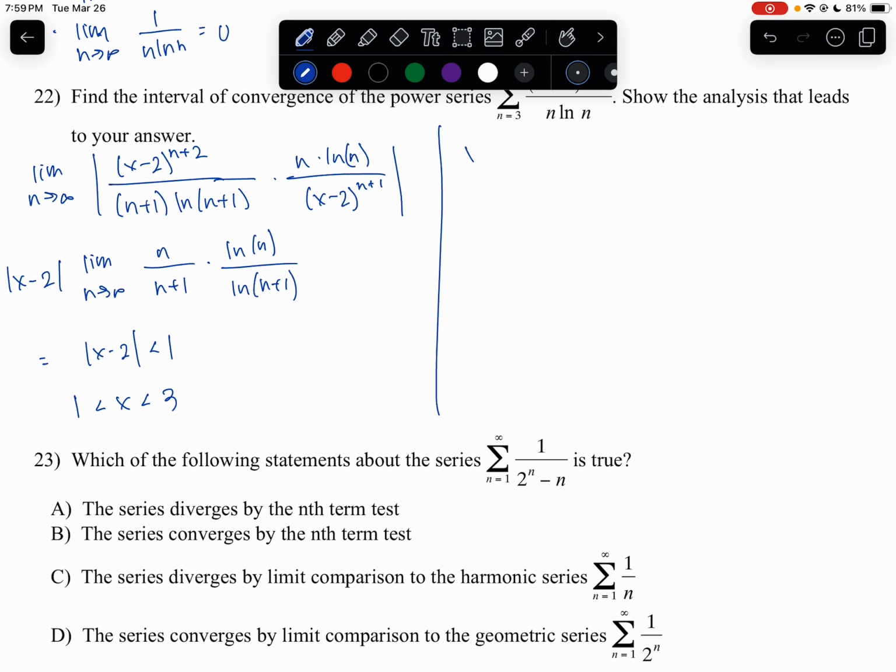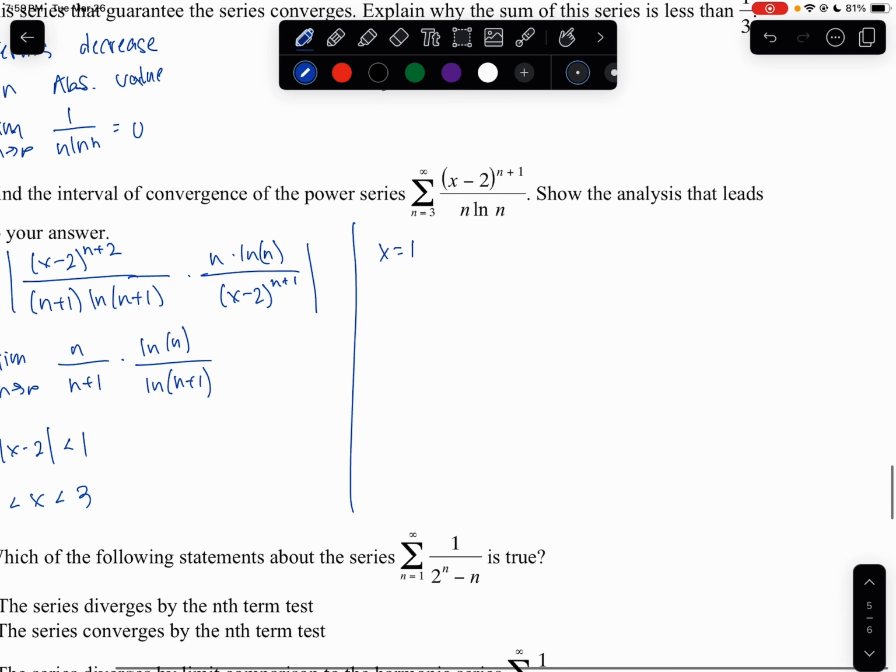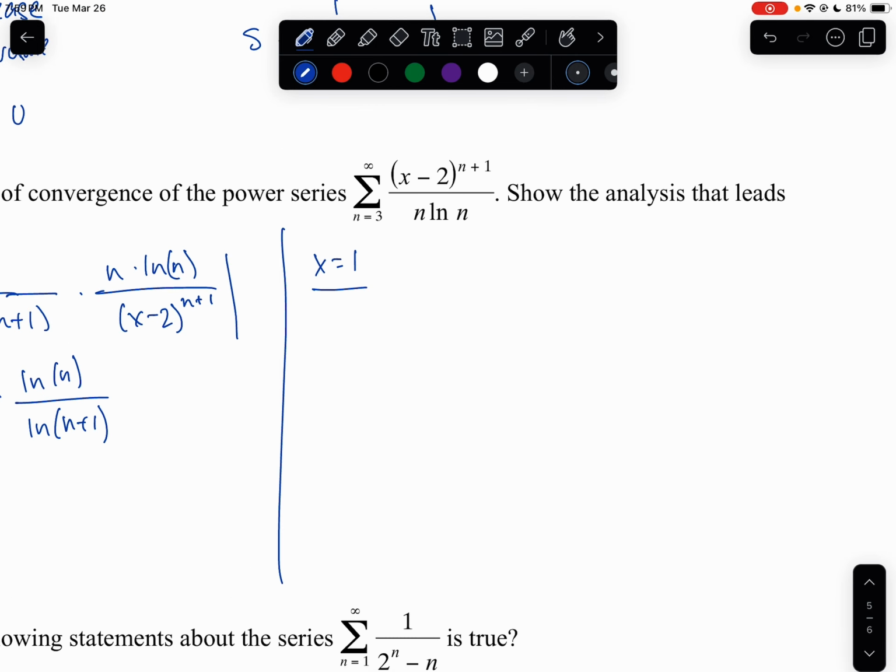So let's say x equals 1. If I plug in x equals 1, this becomes negative 1 to the n plus 1 over n times natural log of n.